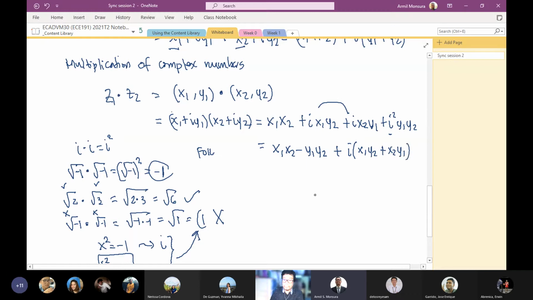So which means that the product of two complex numbers is still a complex number. Ito yung magiging real part niya, and this would be the imaginary part.